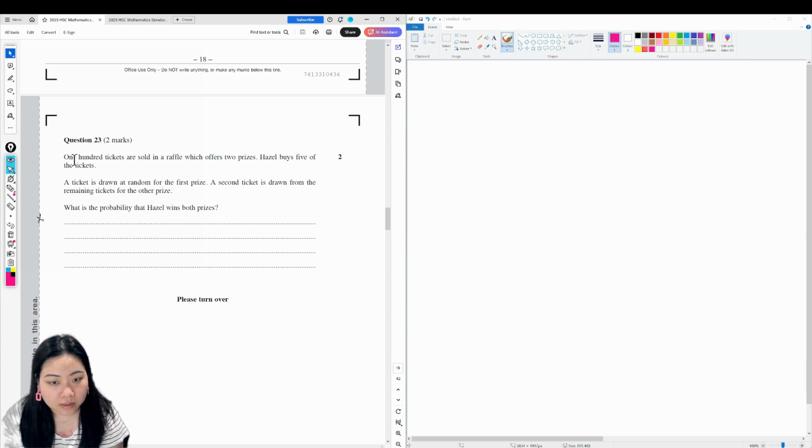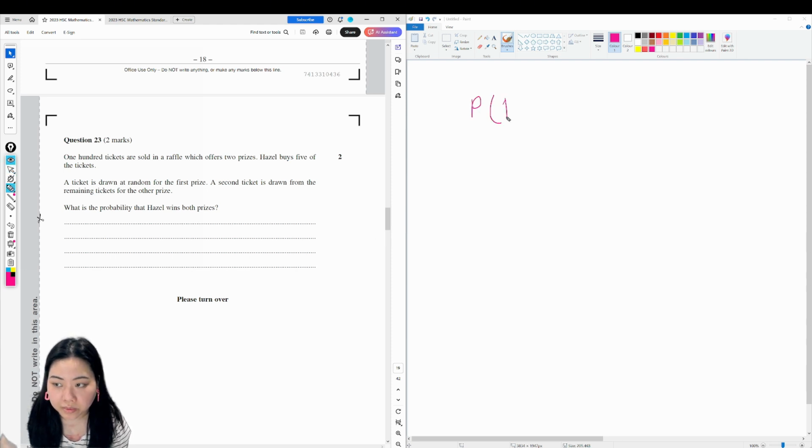23, 2 marks. 100 tickets are sold in a raffle which offers 2 prizes. Hazel buys 5 of the tickets. A ticket is drawn at random for the first prize. A second ticket is drawn from the remaining tickets for the other prize. What is the probability that Hazel wins both? The probability that she will win the first prize is, how many did she buy? 5 out of 100, which is 1 out of 20.